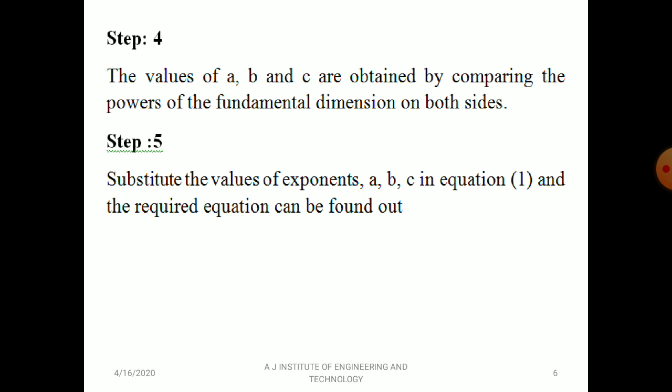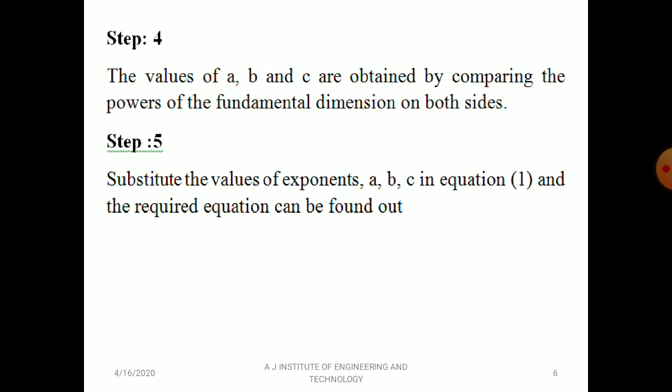The exponents a, b, c can be obtained by comparing the powers of fundamental dimensions on both sides, which is otherwise called dimensional homogeneity. The dimensions on both sides of the equation should be the same. So by equating dimensions of both sides, we can get the values of a, b, c.